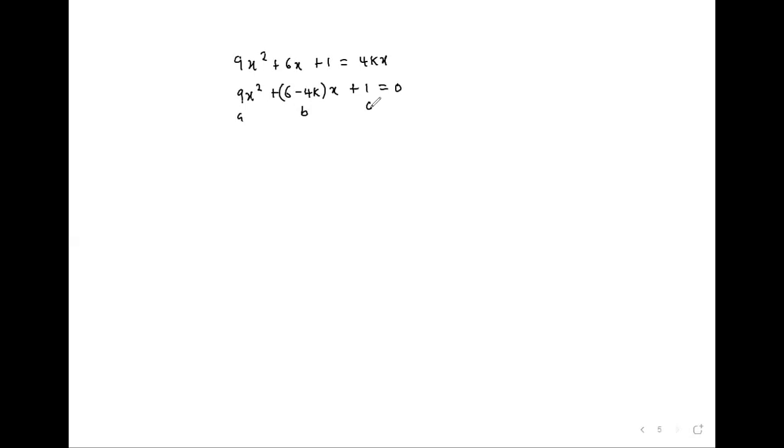The nature of the roots is determined by the discriminant, which is B squared minus 4AC. We say that if D is equal to 0, then you have equal real roots.